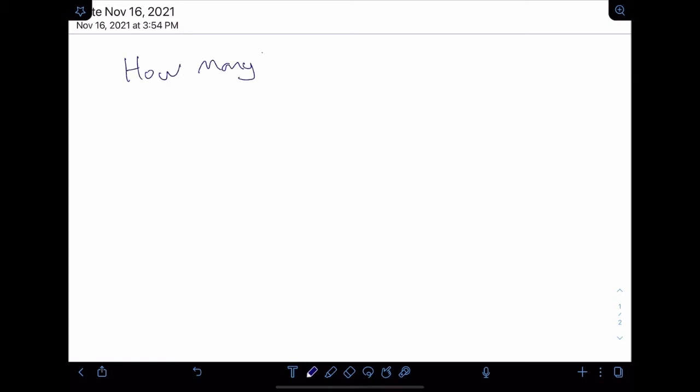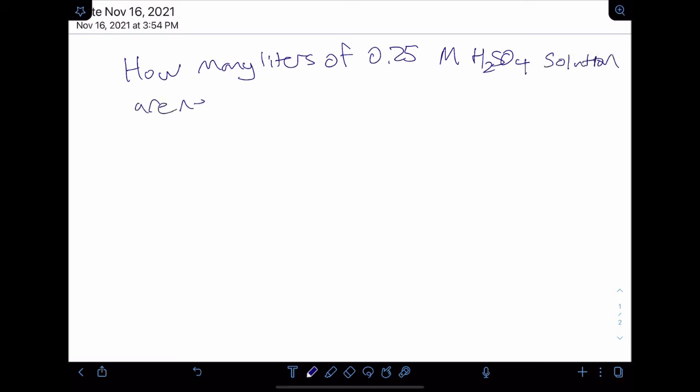So here's an example. How many liters of 0.25 molarity H2SO4 solution are needed to react with 0.25 liters of 0.1 molarity NaOH? As I'm solving this problem, think about different ways that these units can be presented to you.